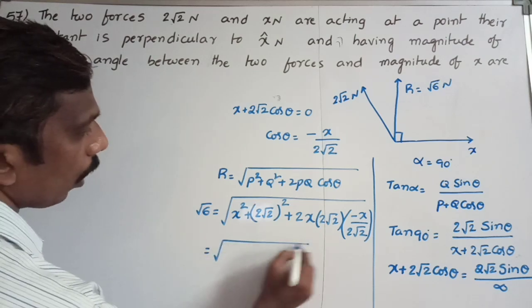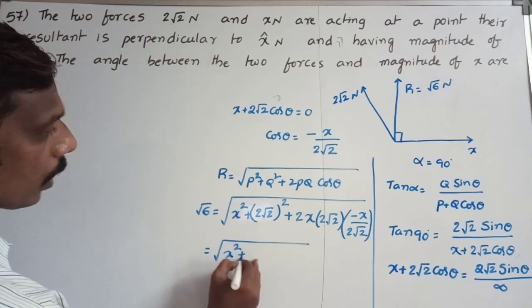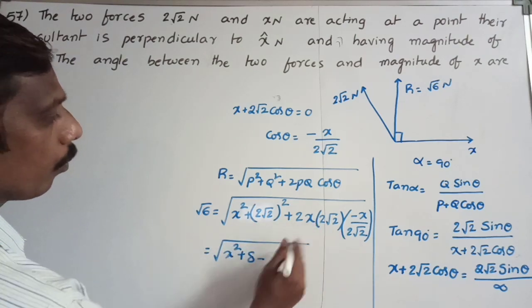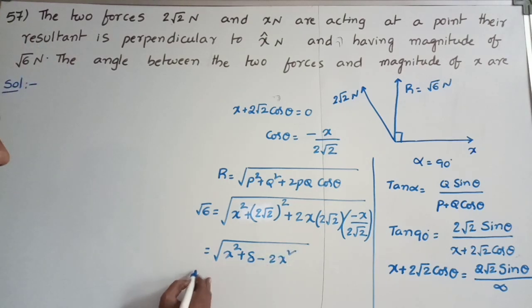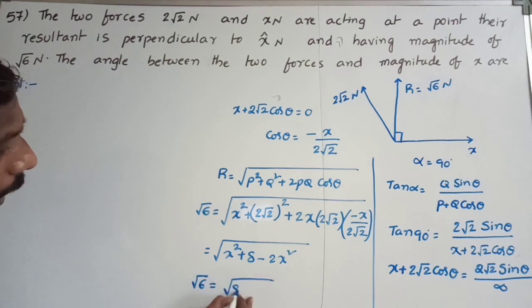That is equal to under root of x square plus 8 minus 2x square. So from this we can write root 6 is equal to root of 8 minus x square.